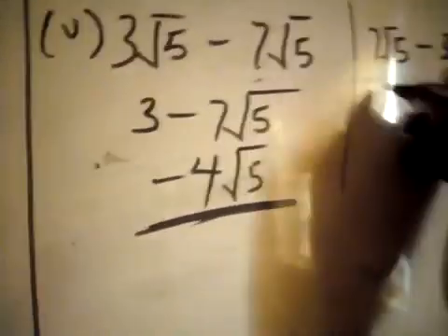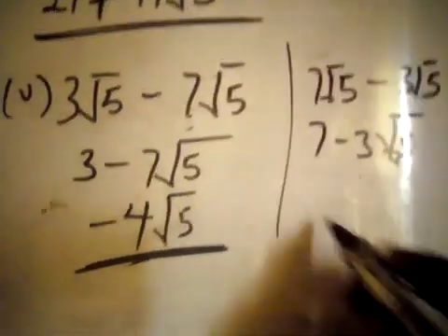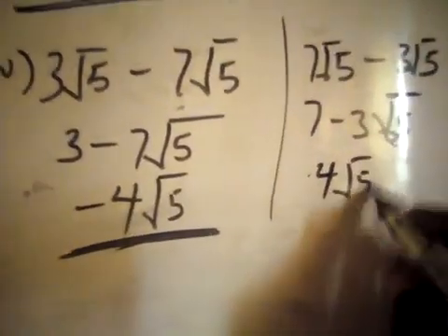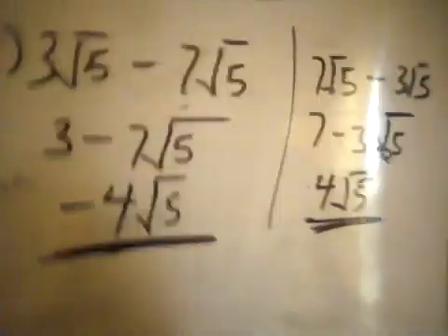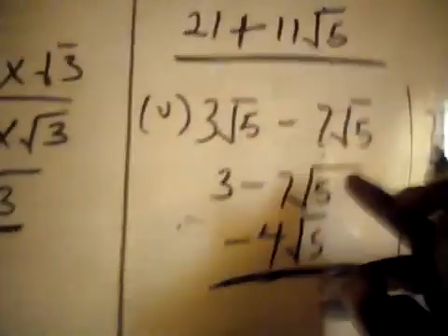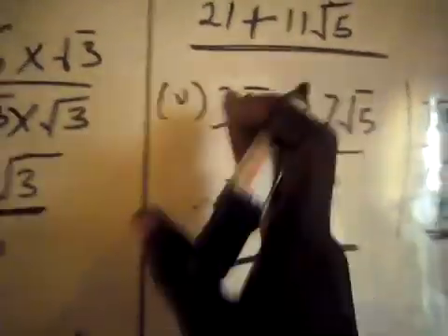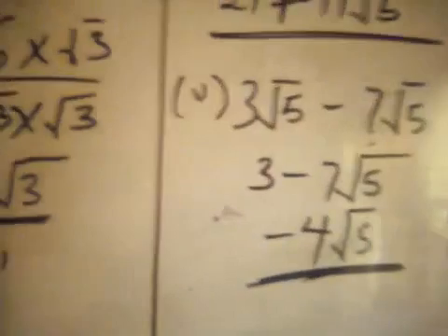Understand? This can be 7 minus 3 root 5, so this could be 4 root 5. But this is after this, so this is the answer. I'm just using that to show you that you don't just place it anyhow. If this is how it is given, this is how you are to subtract. So that's that about that.